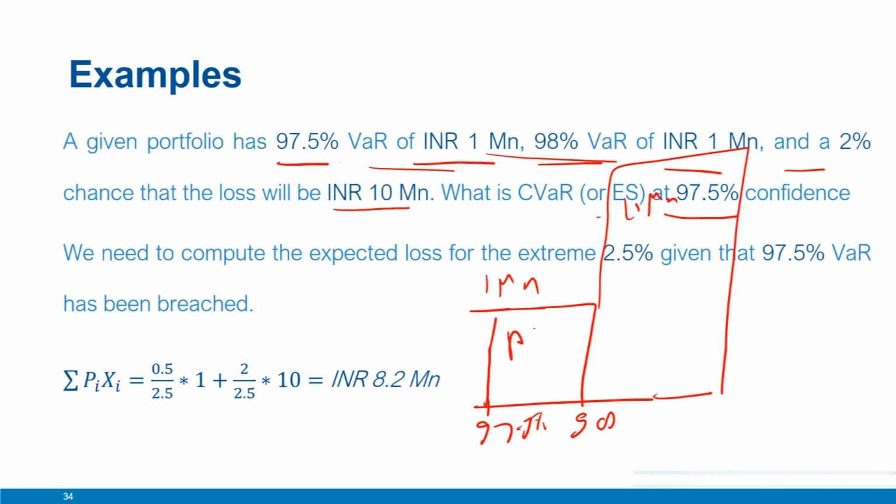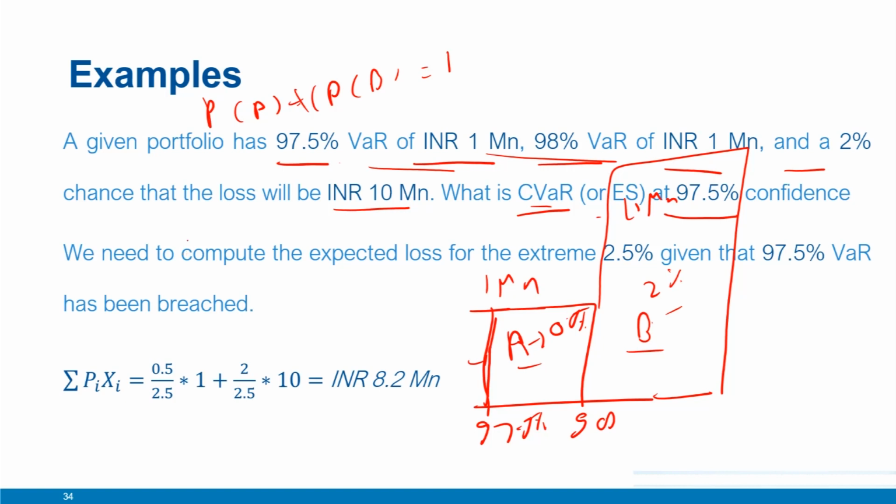So there are two particular discrete regions available to us, A and B, and it is given that while computing C-VaR, we assume that this 97.5% is breached and the only two possibilities are A and B. So the corresponding probability of 0.5% here and 2% here needs to be standardized to 1. That means now probability of A plus probability of B has to be 1, conditional, because we are dealing with a conditional event, conditional on VaR being breached, and therefore we are in this region only.